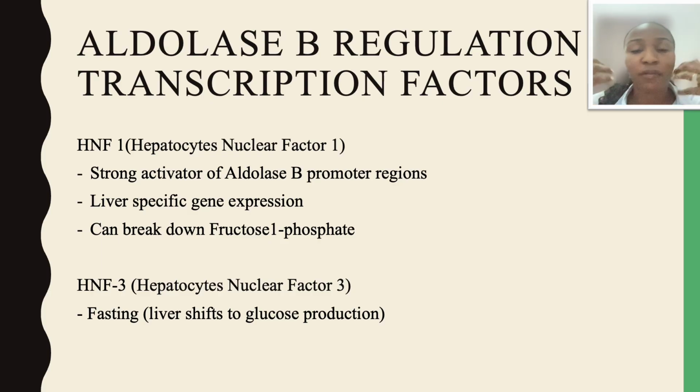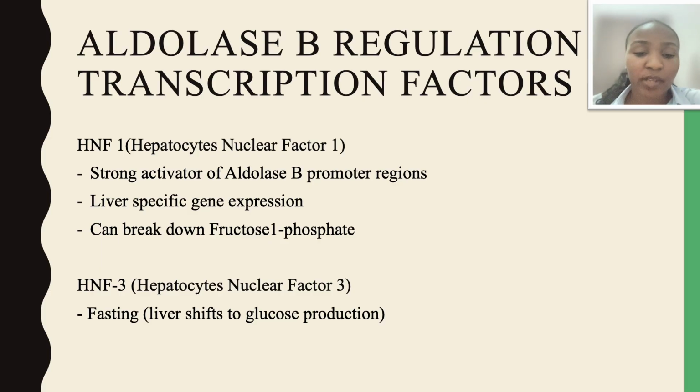And you can imagine if there isn't any HNF1 binding to the promoter region and activating the expression of aldolase B, then we won't be able to break down fructose 1-phosphate. And that buildup in the liver can cause damage to the liver cells. It can also cause ATP depletion, or lack of ATP, and other damage like hypoglycemia.